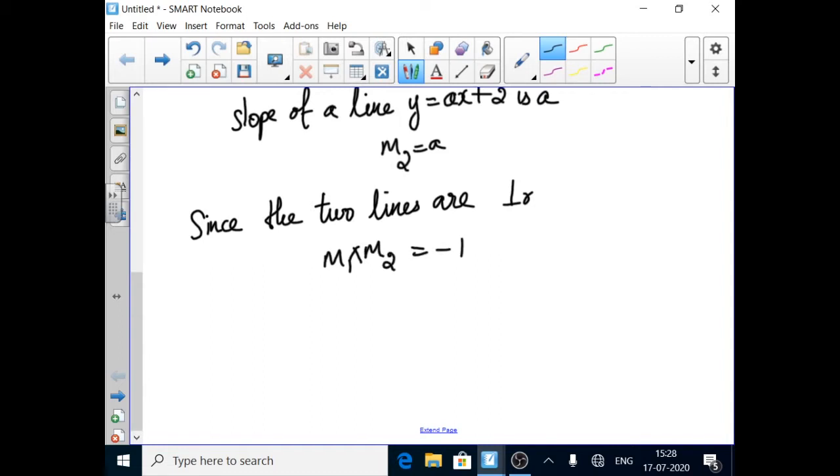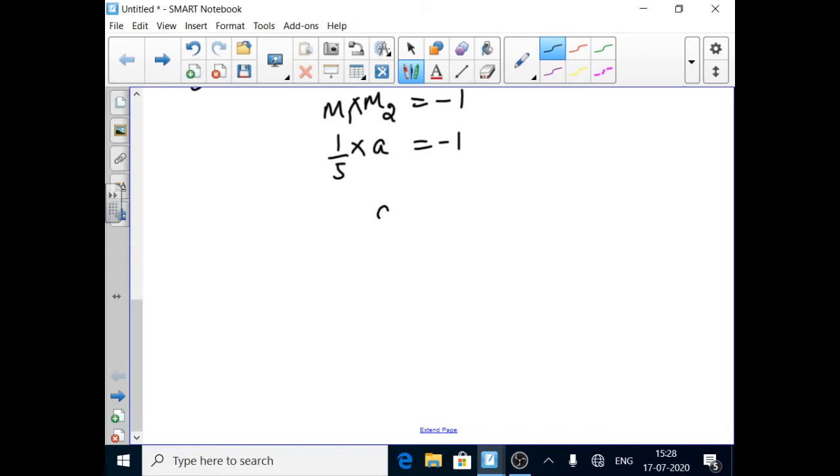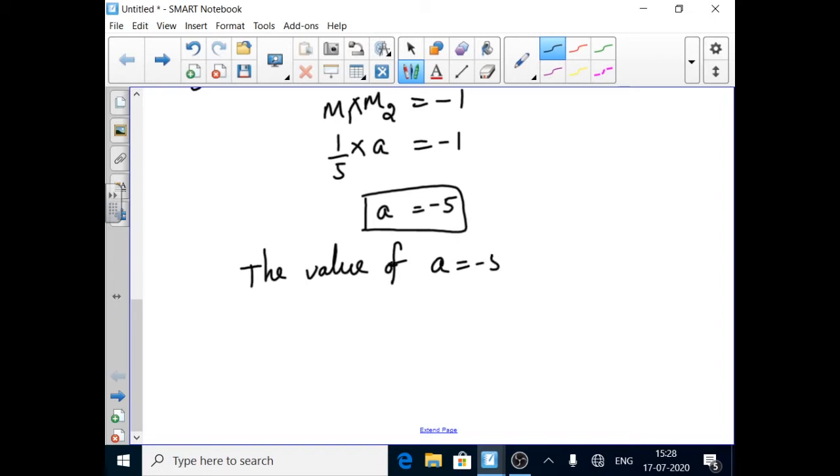So the value of m1 is 1 by 5, into the value of m2, a, is equal to minus 1. That is, a is equal to, this 1 by 5 goes to the opposite side, and we get a is equal to minus 5. Okay, so the value of A is minus 5. Okay.